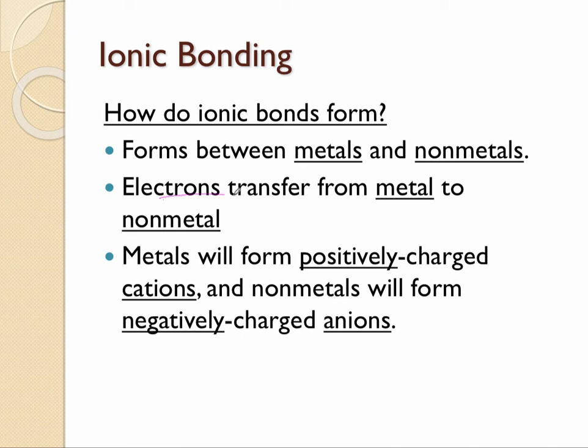And what we see is an electron transfer from the metal to the nonmetal. So metals form the cations because they're going to lose electrons. Nonmetals form the anions because they're going to gain the electrons. Then there's that attractive force between these cations and these anions.